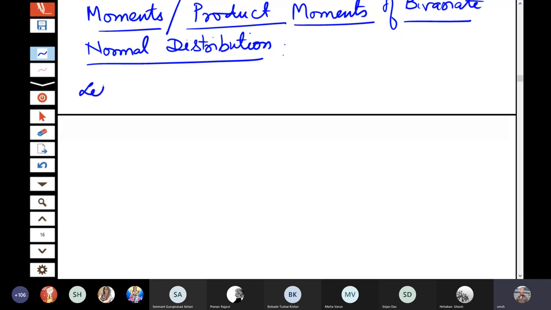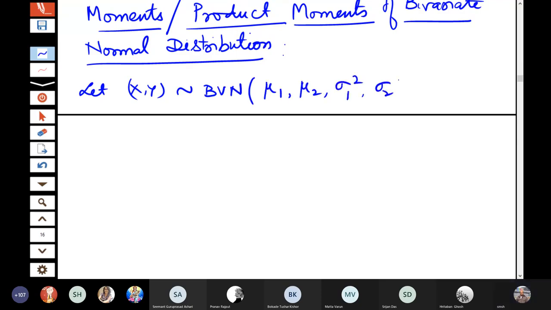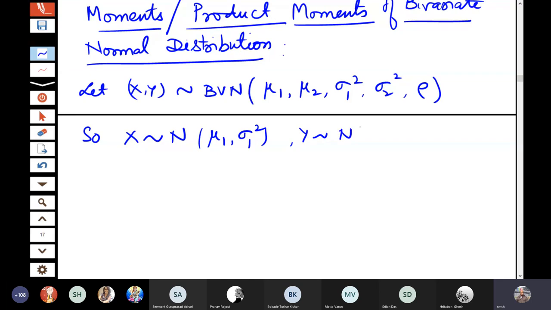So let us consider, say, x, y follow the bivariate normal distribution. So x follows normal(mu1, sigma1 square) and y follows normal(mu2, sigma2 square).